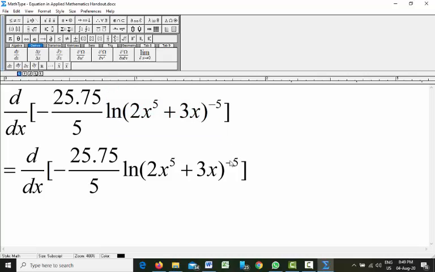So this power needs to move out from the power, so it should not be there in front of ln anymore.